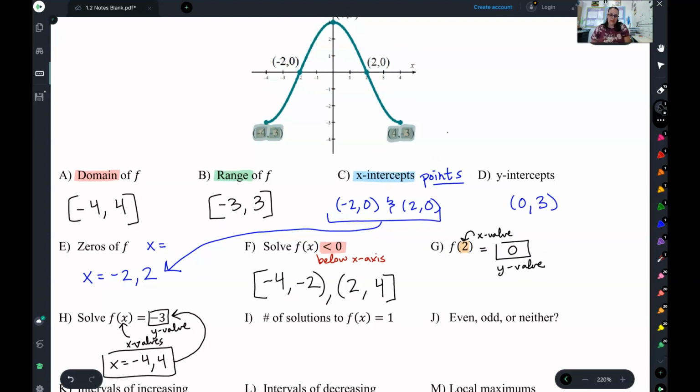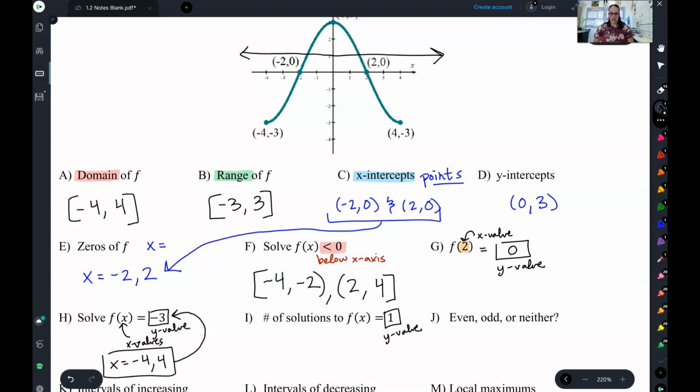Now let's do that graphically. It's saying I want how many solutions are there to f of x equals 1. Remember, this 1 is a y value. So what I could do is draw a constant line that crosses my y value of 1.